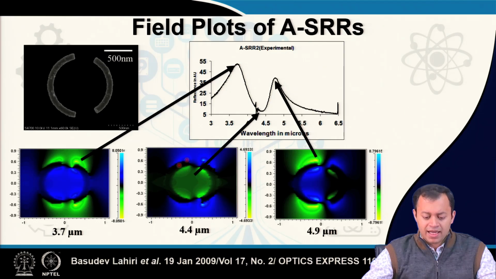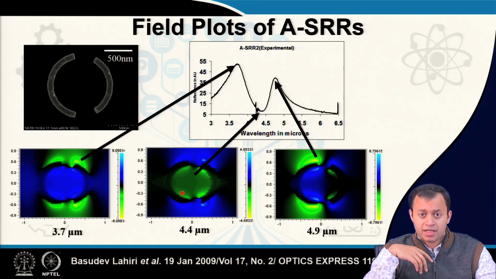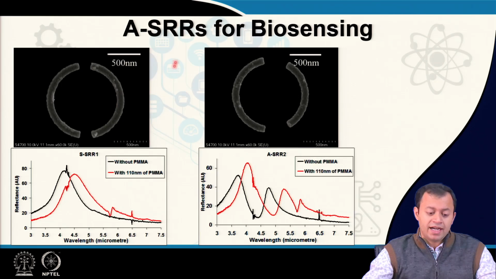They are at different places at different frequencies, and these electromagnetic hotspots are very susceptible to any change in local refractive index. Remember from previous class, the resonance depends on the local refractive index, and if you change the local refractive index by covering the entire structure with some kind of analyte, you see a red shift happening.